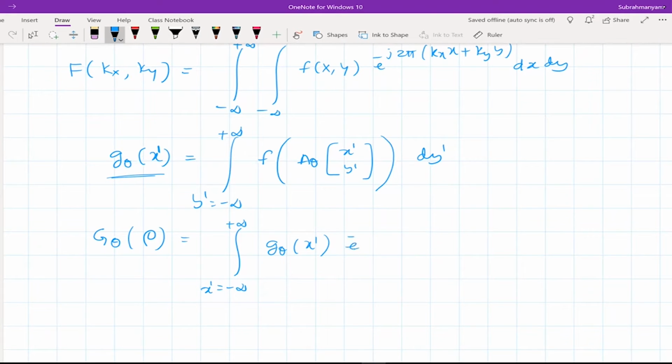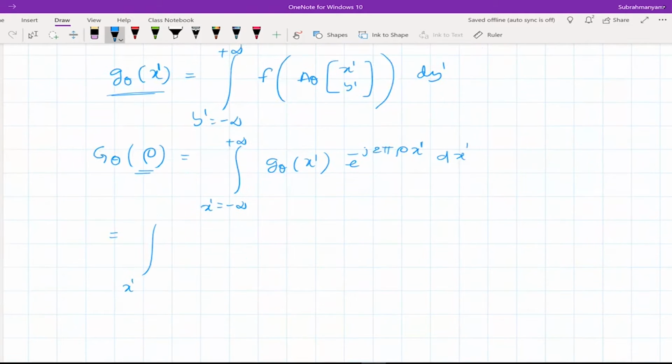E power minus j 2 pi... kx? No, we are not in kx space now. Rho x prime. This is rho now. Yes, rho x prime. Correct? So let me now substitute for g theta of x prime there.